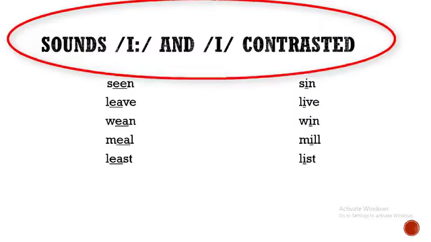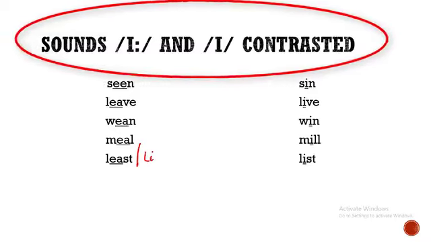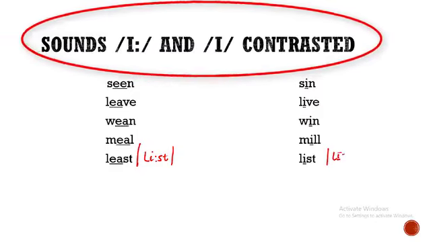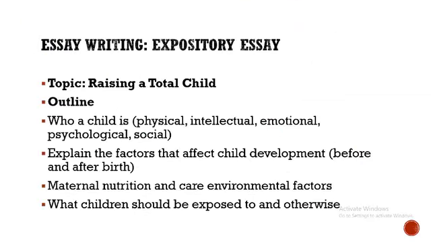We have win. We have meal. We have least, list. Here, if you're transcribing this, you have the vowel and the cluster st. You're saying least and list.